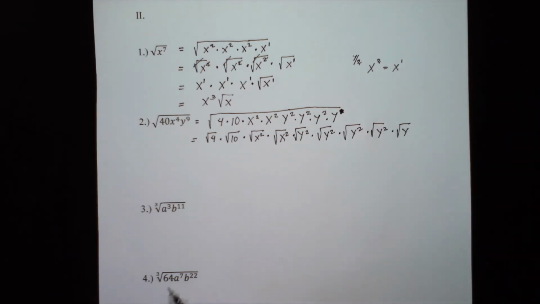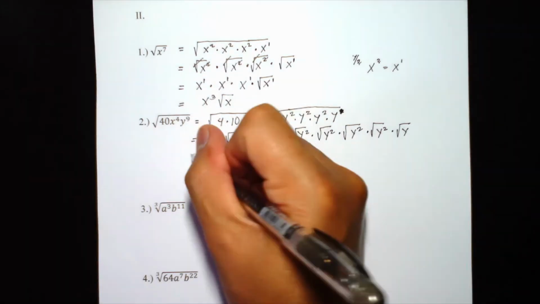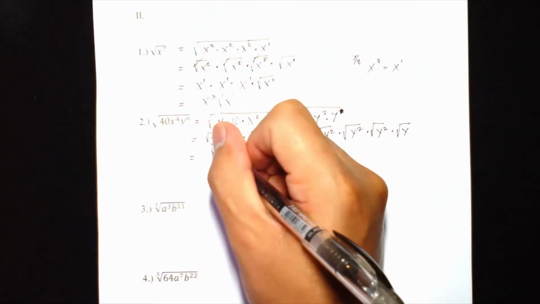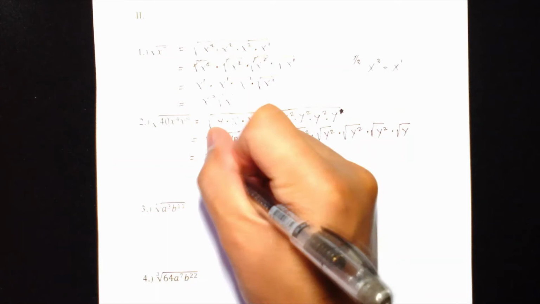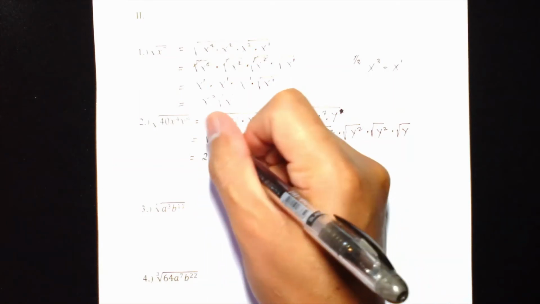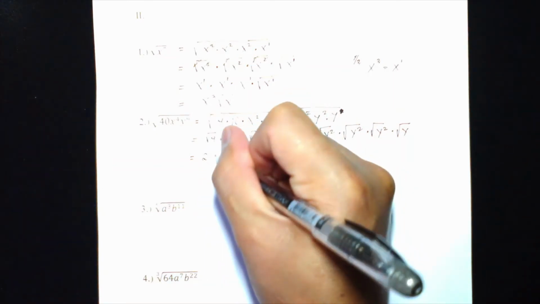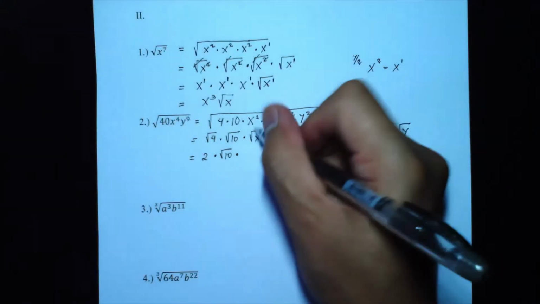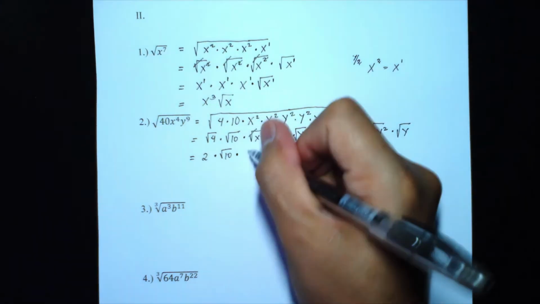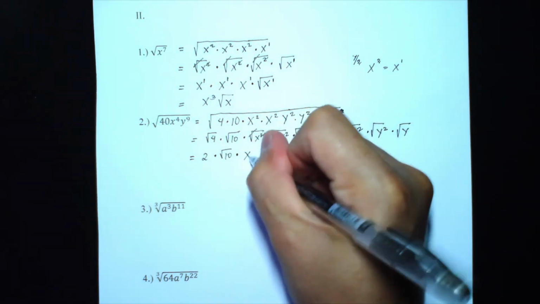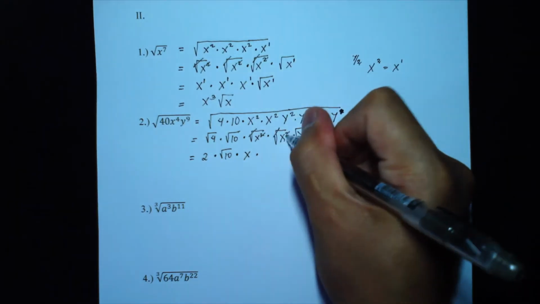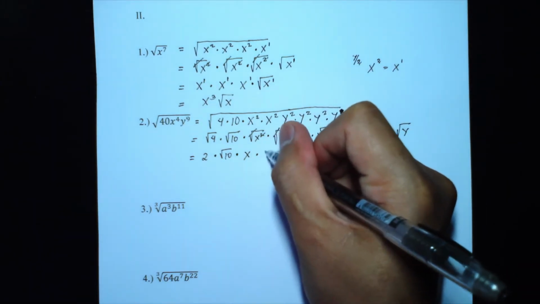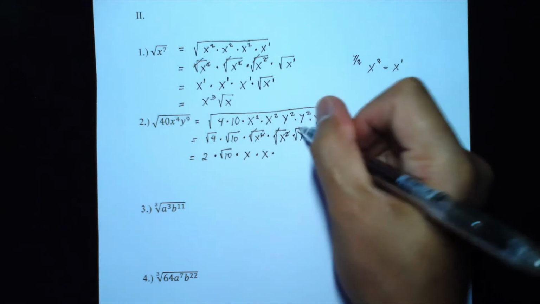Okay, so we need now to cancel the following. So we have the square root of 4 is 2. So we remove now the radical sign. Then the square root of 10, since 10 is not a perfect square, it remains the square root of 10. Then we need to cancel this one. So we have x, cancel this one. So this will be x, cancel this one.